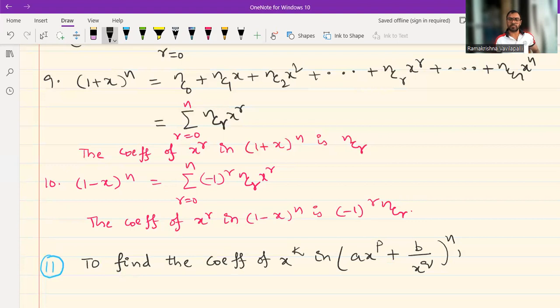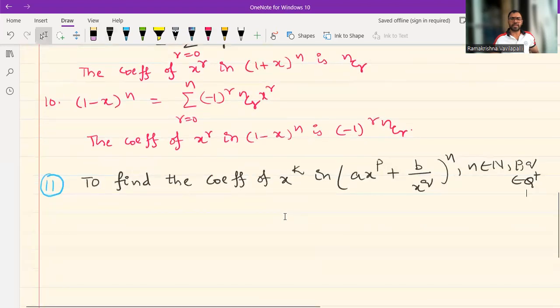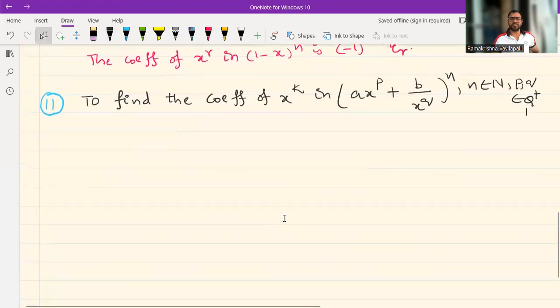Please try to understand properly. Here n belongs to N, and p, q both are positive rational numbers. So in binomial expansion, every time we need to write the general term.